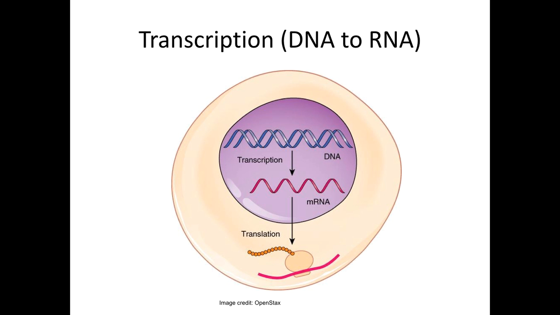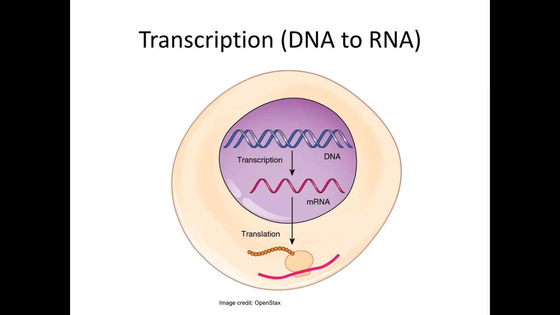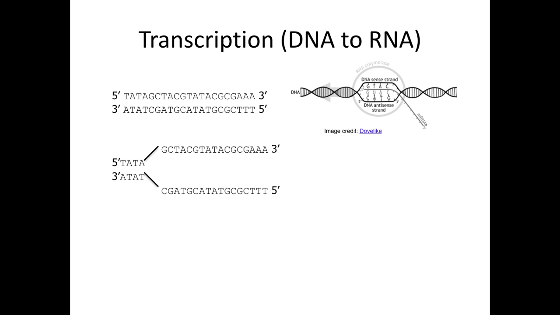Remember, in transcription, we're using DNA as our template, as the thing that we're Xeroxing, in order to make RNA. And this is happening in animal cells in the nucleus. So there's a piece of DNA, and this piece of DNA has a signal on it that's called a promoter.